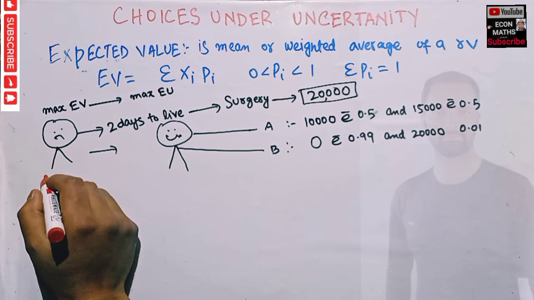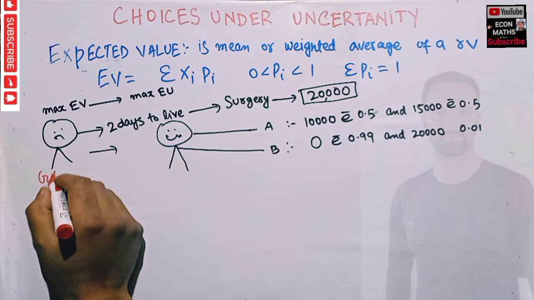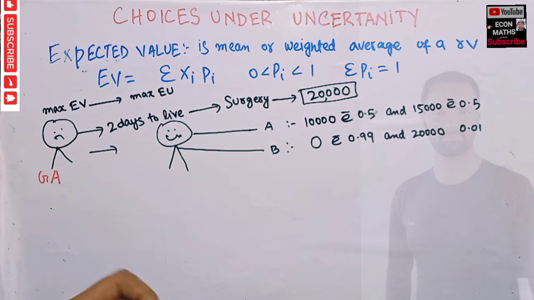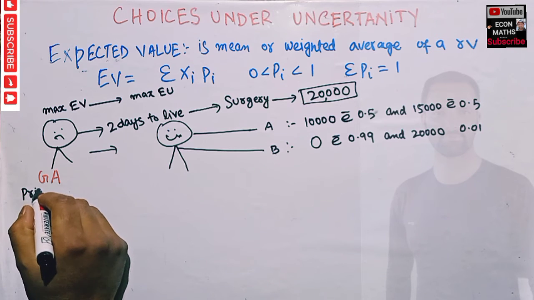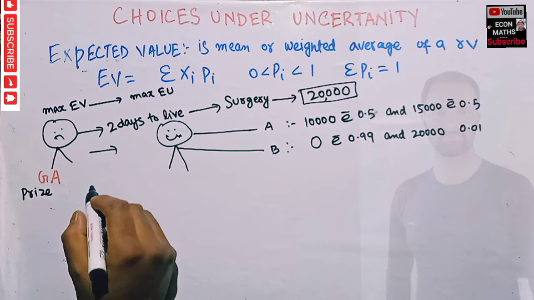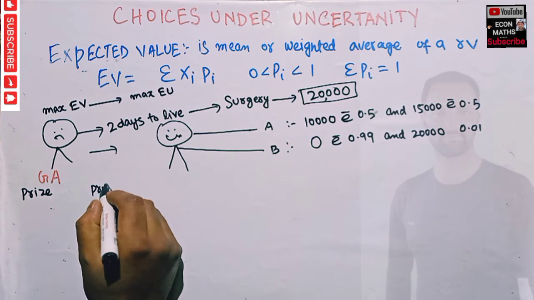Let me write it here: GA, that means gamble A. In gamble A, what is the money he receives? Let us denote this as price, and this is the probability.